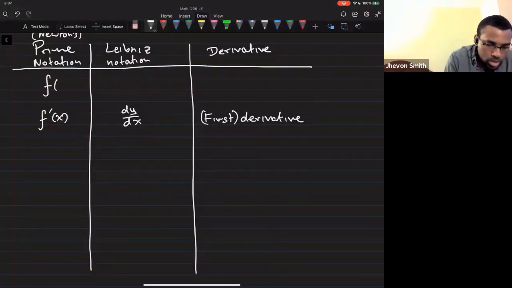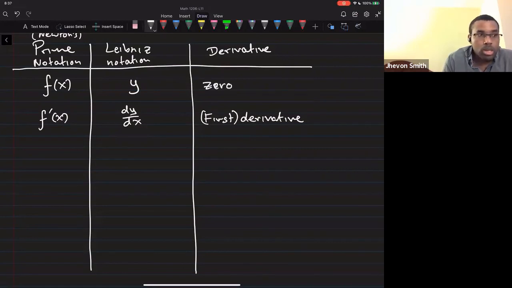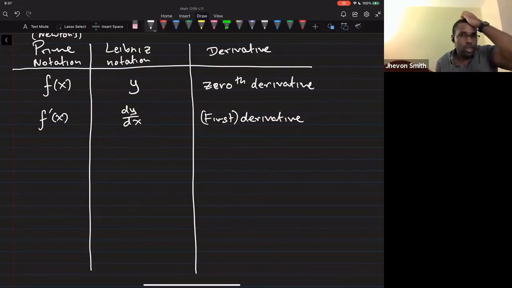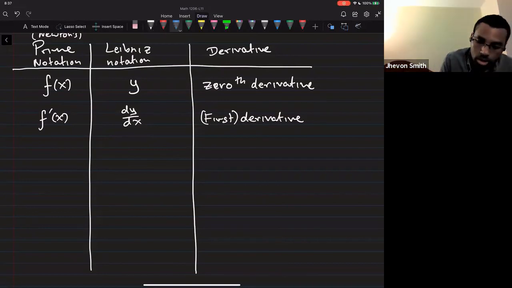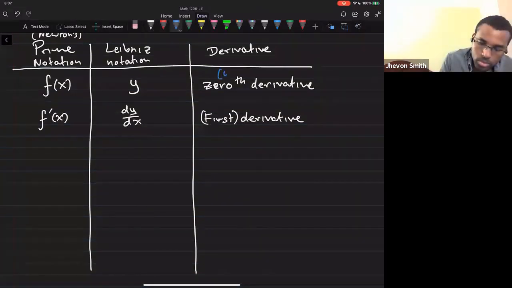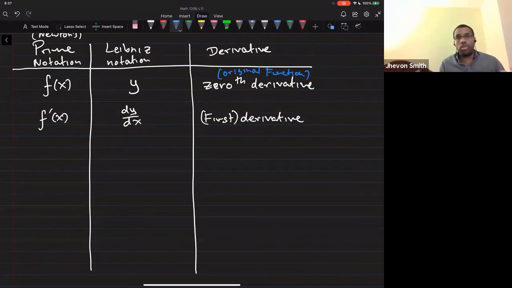So here's the original function, and this is just called y. We can think of it as the 0th derivative. Like you haven't taken a derivative, you've taken 0 derivatives. That is the original function. That's the 0th derivative.